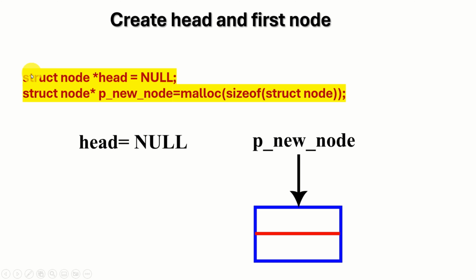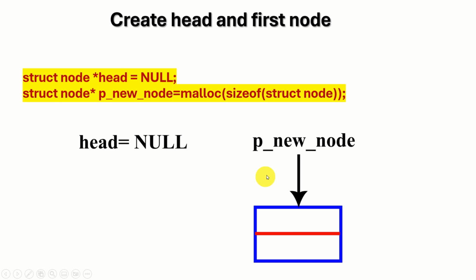To create the head pointer, we need to type struct node pointer symbol. This means that we are declaring a pointer that points to struct node, and we call this pointer head, and we initialize it with null. At the end, you will have a pointer that will be equal to null.